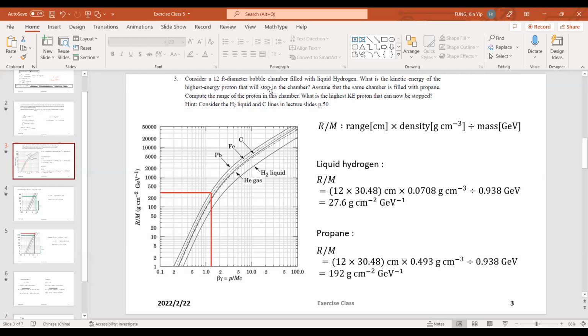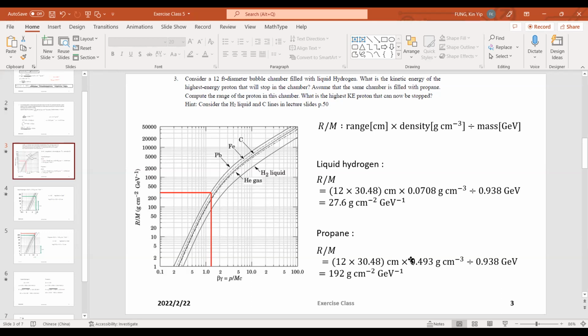But as explained in the lecture, the differences between different elements on this curve are mostly because these substances have different densities. So by stating that you can use the C line for propane, that would imply propane has a similar density to C, and different forms of carbon have different densities. So which form of carbon is it in this graph?